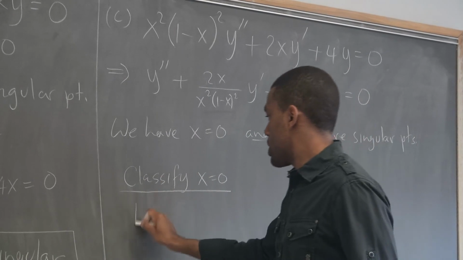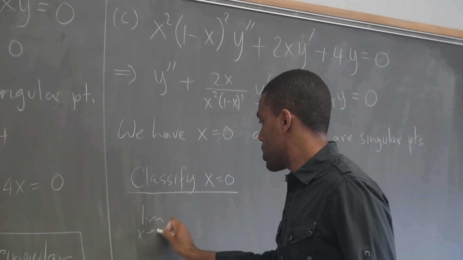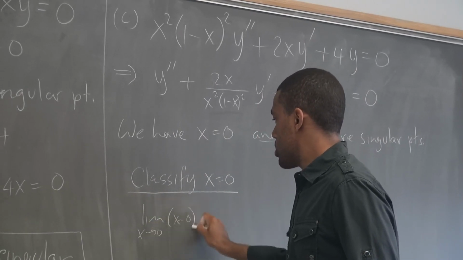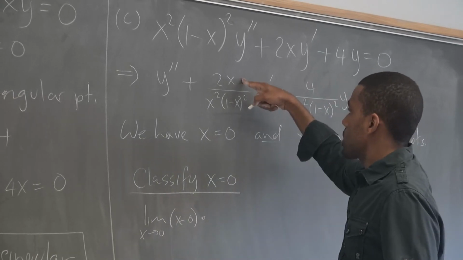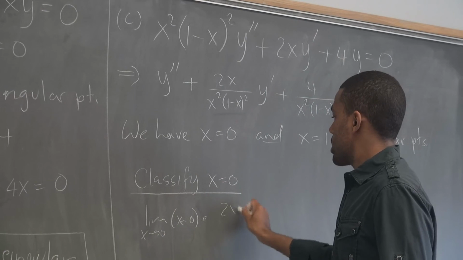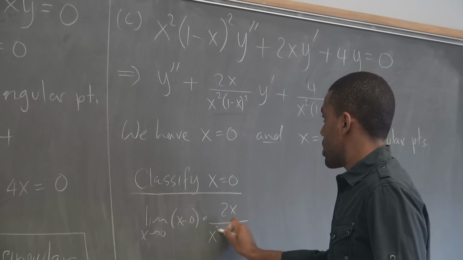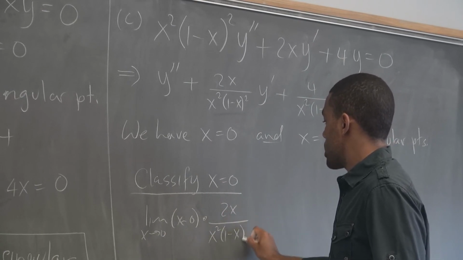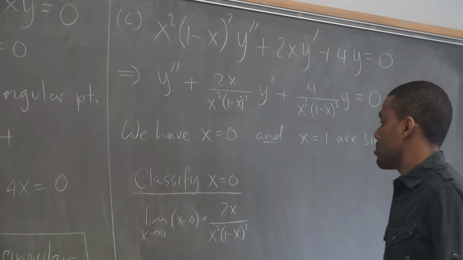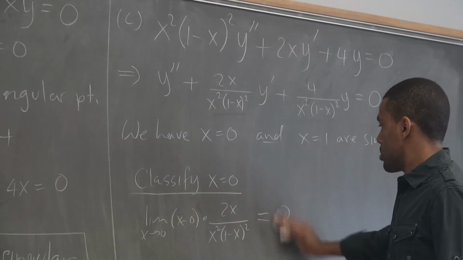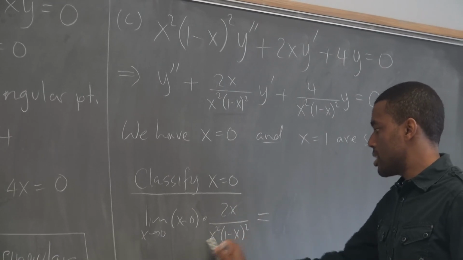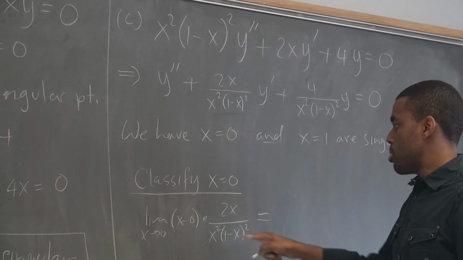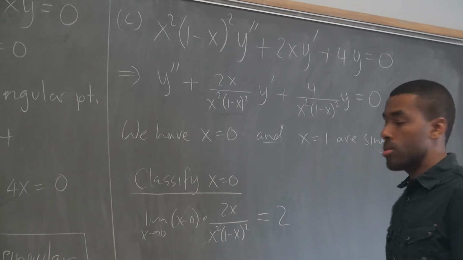We're going to take the limit as x approaches 0 of (x minus 0) times 2x over x squared times 1 minus x squared. This x would cancel that x. Plug in 0, you get 2.